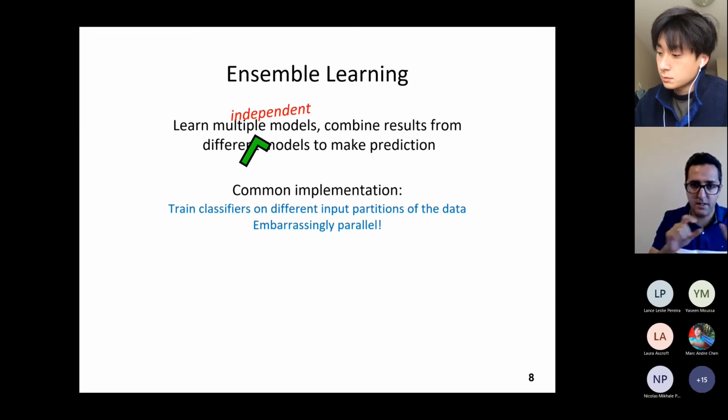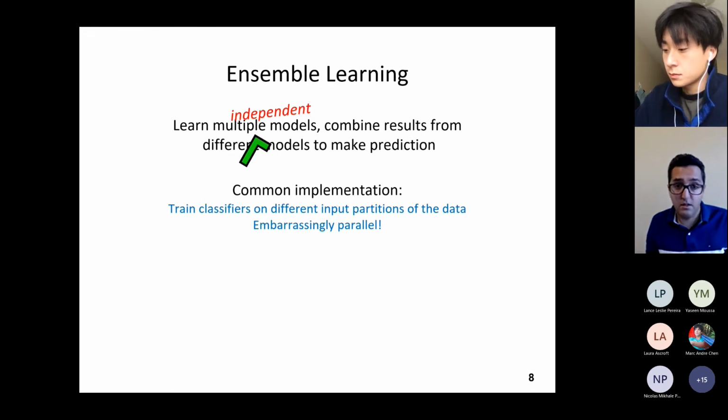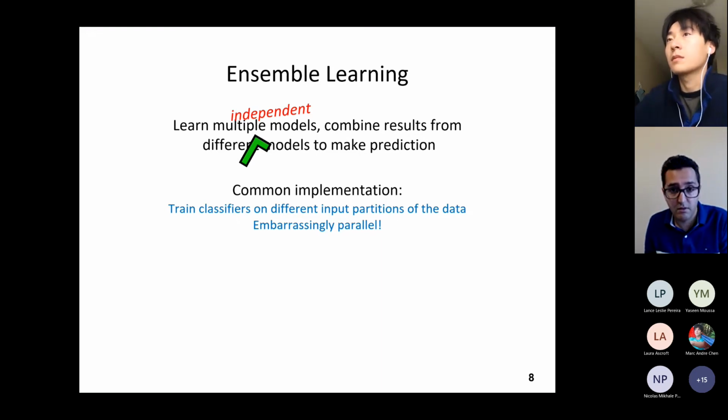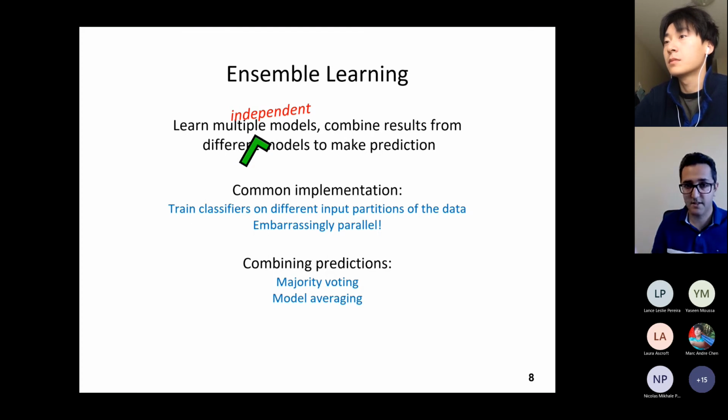So I've divided my data into 4 chunks, and I train a logistic regression model on each chunk of data. I end up with 4 models. That's the idea. And then obviously I need to combine, because if I have multiple models, each of them says something different.